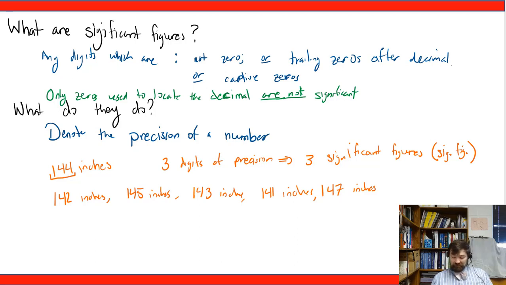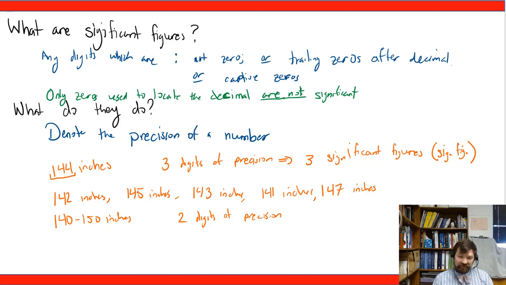Well, this gets into a deeper conversation, which has to do with statistics. But by and large, everybody here would be able to agree that the room is around, let's say, 140 inches and is somewhat less than 150 inches. So you might now write 140 to 150 inches. You now have only 2 digits of precision.